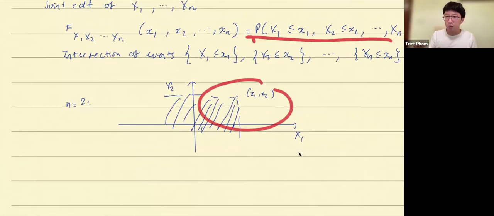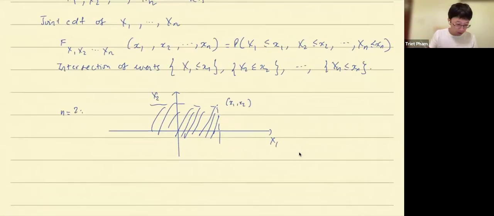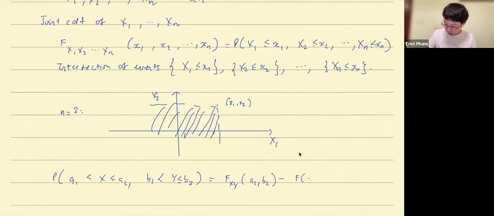And so because of this picture, and to demonstrate that it really works just like probabilities, we have the probability that A1 < X ≤ A2 and B1 < Y ≤ B2 is F_XY(A2, B2) minus F(A1, B2) minus F(A2, B1) plus F(A1, B1).